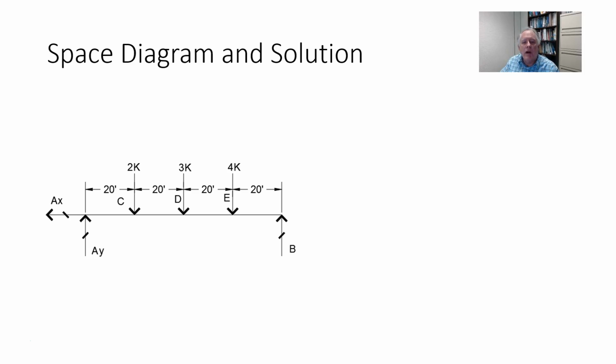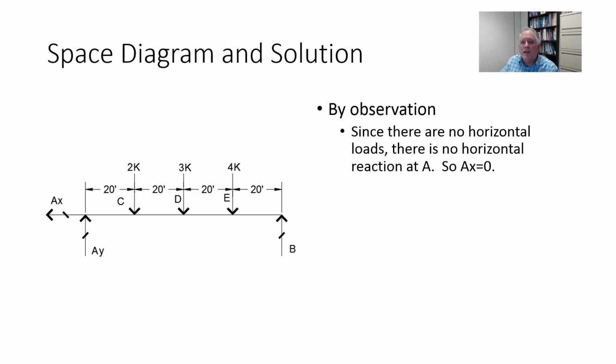And the roller on the right is only capable of resisting loads perpendicular to the surface on which it acts, so it's going to be vertical. By observation, I have 3 vertical loads. Since there's no horizontal load, there can't be any horizontal reaction, so A sub x has got to be 0. That doesn't require any calculation, but does require inspection.